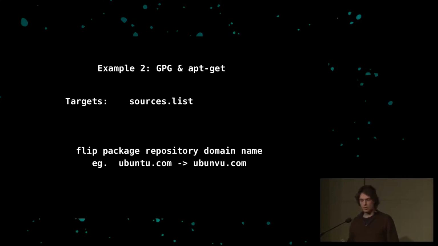We have a second example where we target GPG and apt-get to exploit the update mechanism in Debian or Ubuntu. This is a two-stage attack where we first corrupt the sources.list file to redirect the update repository to a domain name we control.